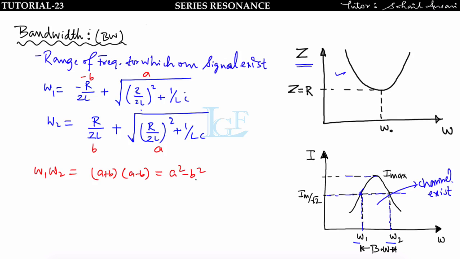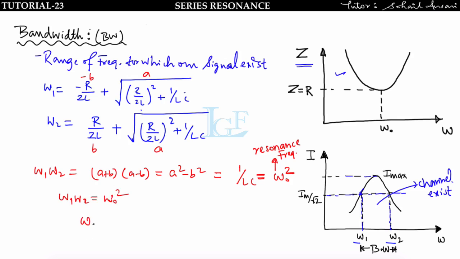If you calculate A square minus B square, then you will get 1 by LC, and in a series RLC network 1 by LC can be represented as omega naught square. This is the resonance frequency which we derived earlier, right? So the product of the cutoff frequencies is equal to the square of the resonance frequency, right?